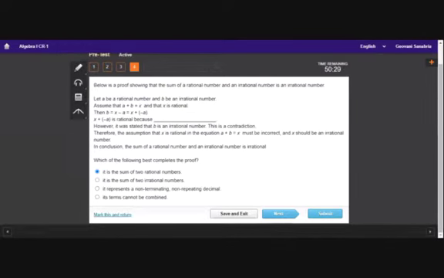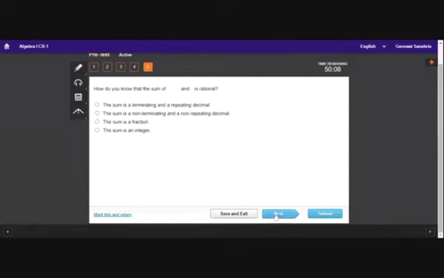That's what it's trying to get at. So x plus negative a is rational because it is the sum of two rational numbers. When you add two rational numbers together, you always get a rational number. I don't think it's important to understand the rest of that proof. But this one, let's see.